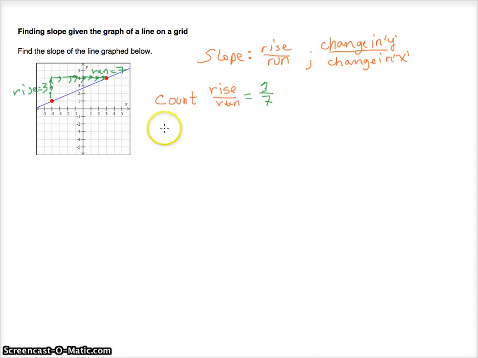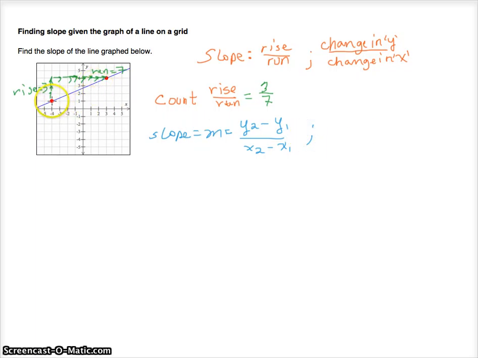So we're also going to say that slope equals m, and this equals y2 minus y1 over x2 minus x1. And you're like, what are these x's and y's? Well, let's look at them. Every point up here is x comma y.